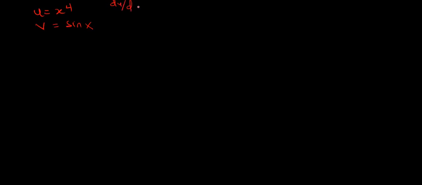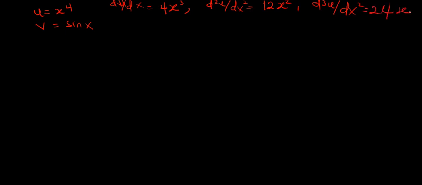So from here, u prime, or du over dx, is going to be 4x³. The d²u over dx² is going to be 12x², and the d³u over dx³ is going to be 24x.